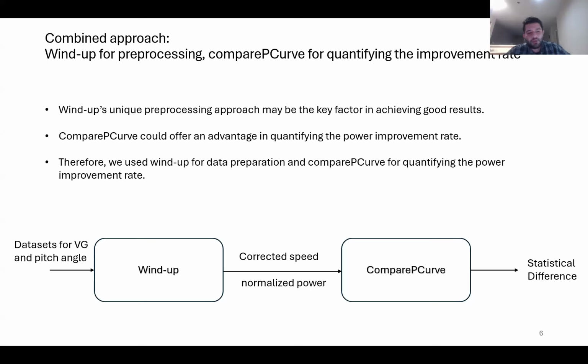For example, we feed the pitch angle data to WindUp, and then just before the start of block bootstrapping, when all pre-processing is done on the data, we take the prepared data, take the two columns of corrected speed and normalized power, and use Compare P-Curve to calculate the statistical difference.